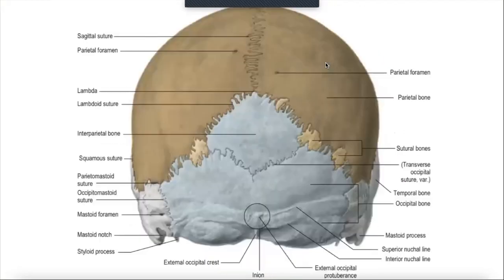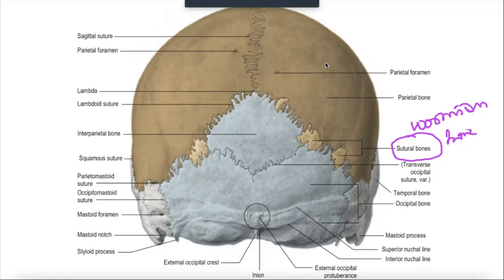Sometimes there may be islands of bones within the suture. They are called sutural bones or Wormian bones. So these are the bones, or you can call it an island of bones within the suture.